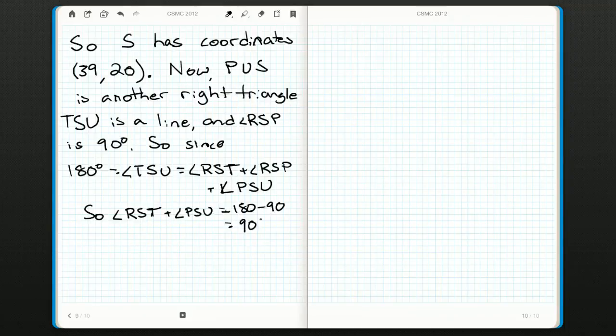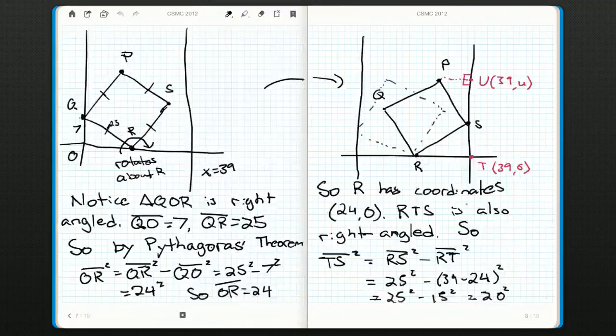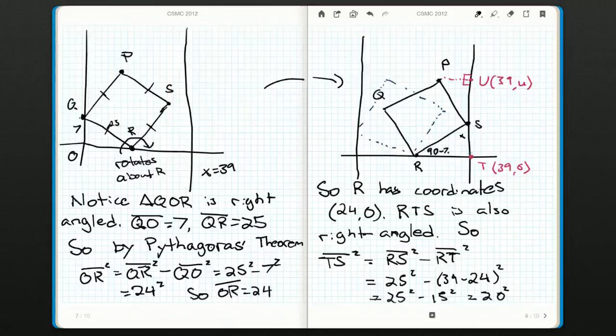So we know that the other two angles here add up to 90 degrees. So we could say that this one here, RST, is x. This one down here is going to be 90 minus x. This one in here has to be 90 minus x. That means this one up here is going to be x.